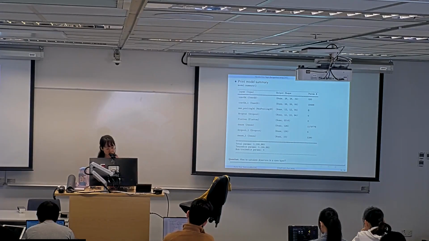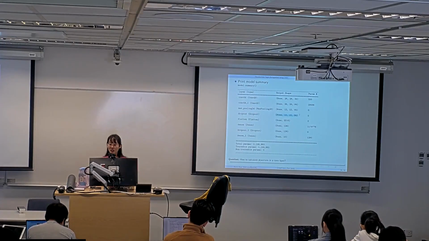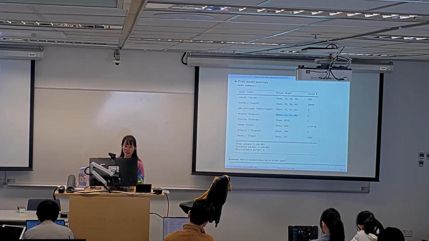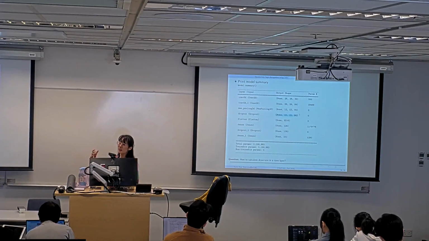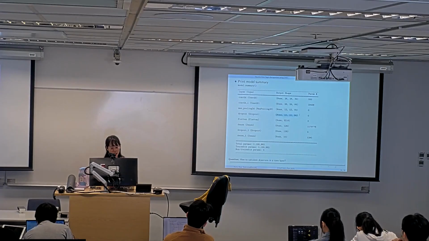And then the dropout layer. Note that the dropout layer does not change the output shape. It just randomly ignores some of the nodes, but it's not deleting these nodes. So the output shape still remains the same, but the output of some of the nodes is just ignored. So the shape is still 12, 12, 64.